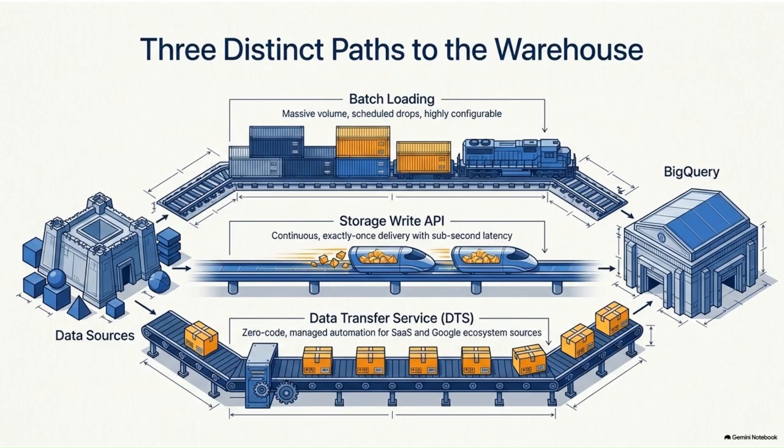With Pub/Sub, you get exactly-once, but there are still problems, some dependencies there. But the Storage Write API gives you sub-second latency with faster speeds and continuous loading, so it is best for streaming loads.